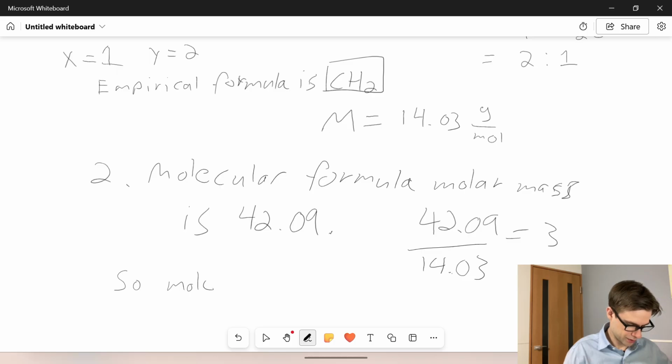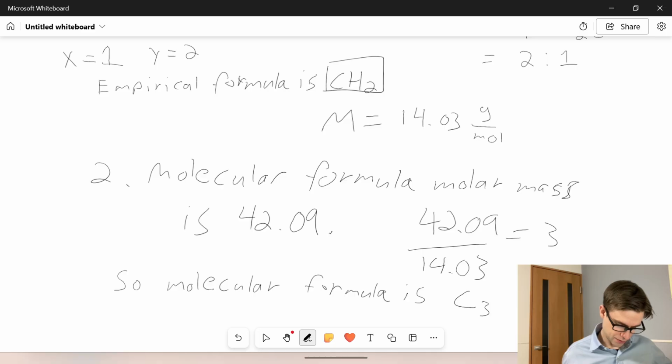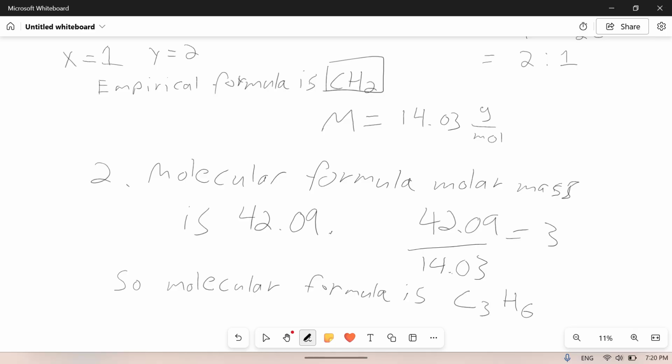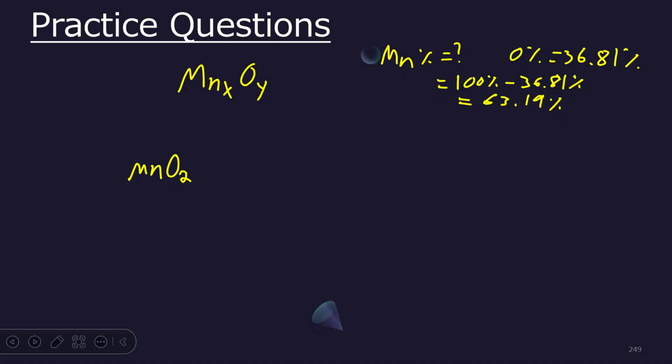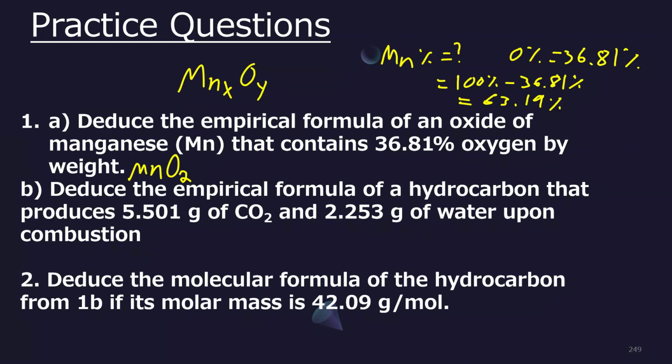So molecular formula is C3H6. Done. Alright, let's go back to slides. Okay, so the answers are then given on the right side as I calculated.